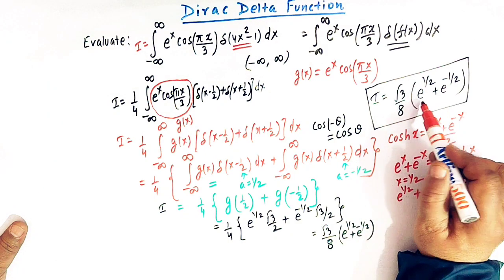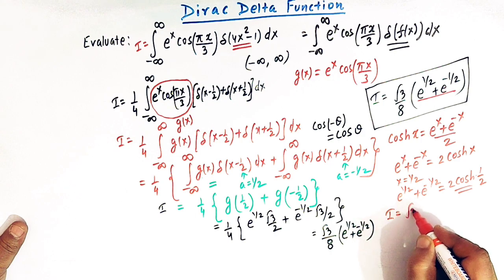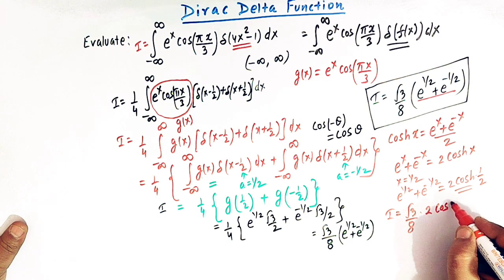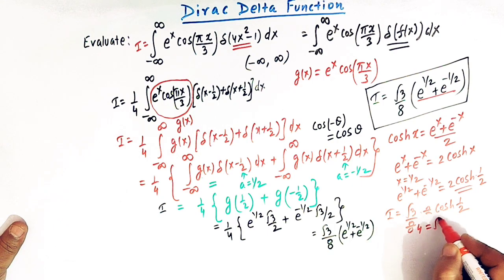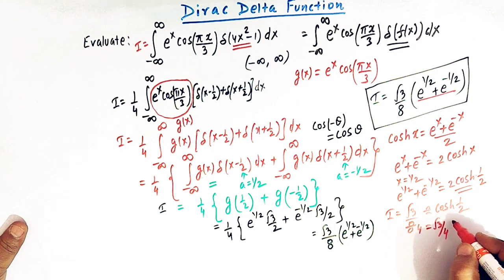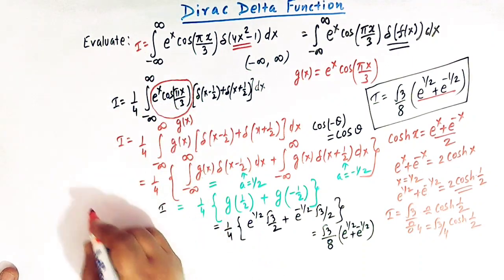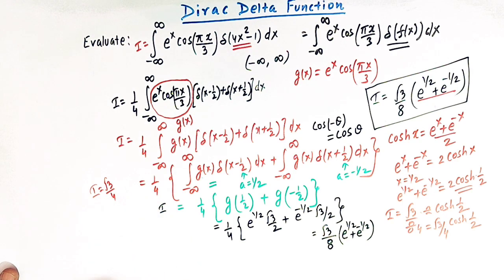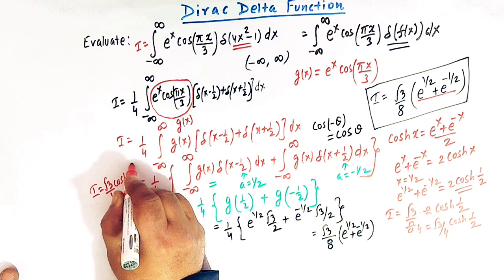So replacing this expression with this one, we can write I is equal to root 3 over 8 times 2 times the hyperbolic cosine of half. So 2 fours are 8, so we have root 3 over 4 times hyperbolic cosine of half, right? So the value of this integral I can also be taken as the square root of 3 over 4 times hyperbolic cosine of half.